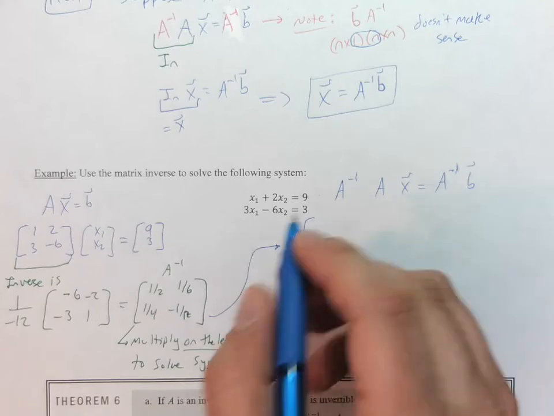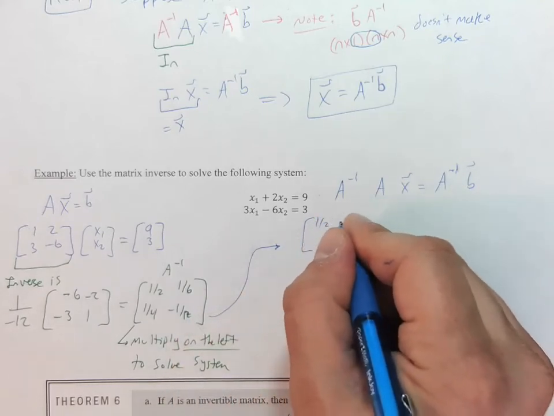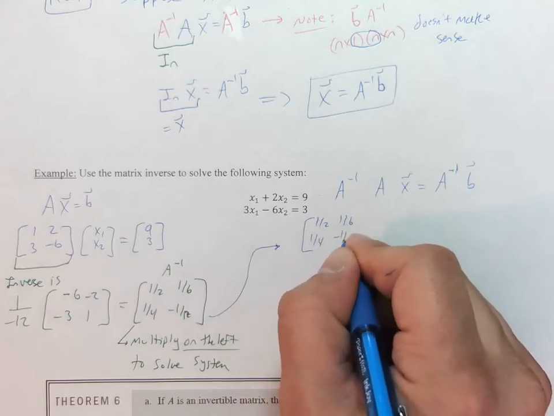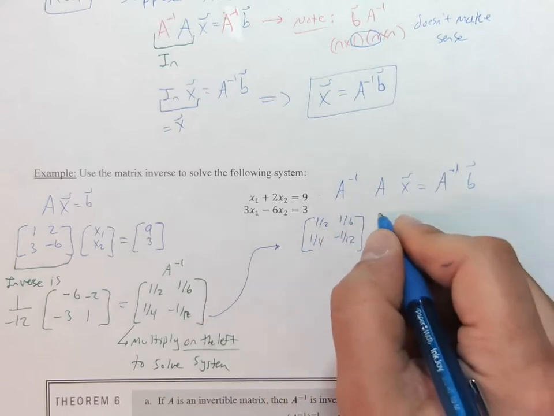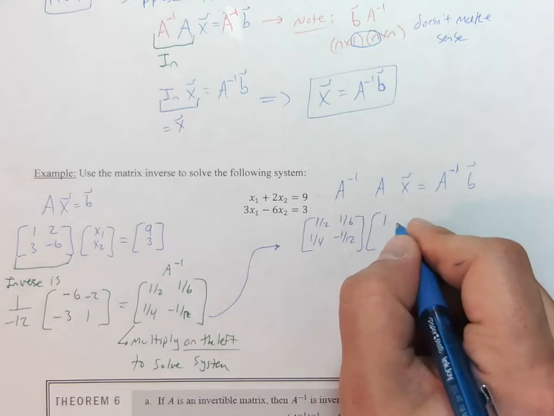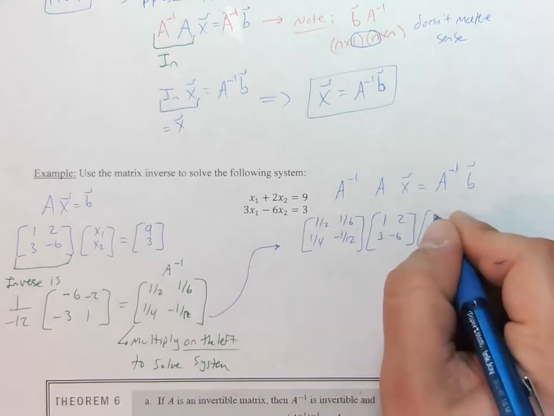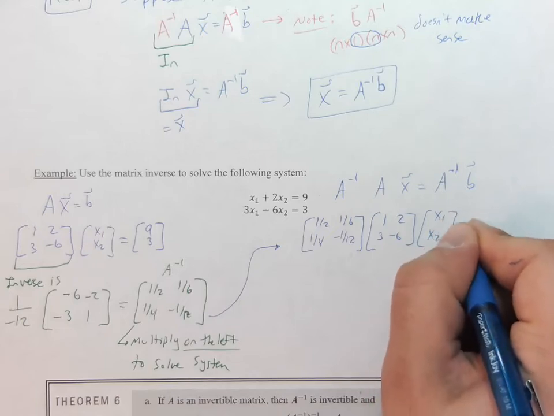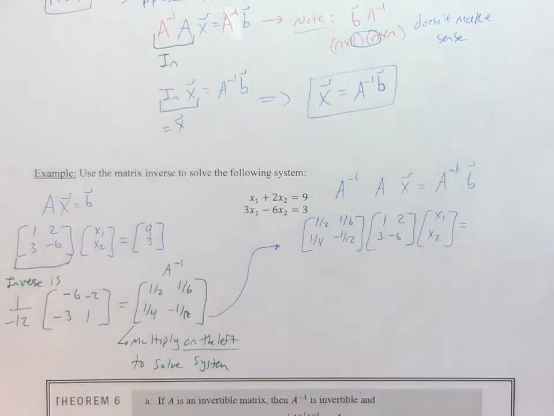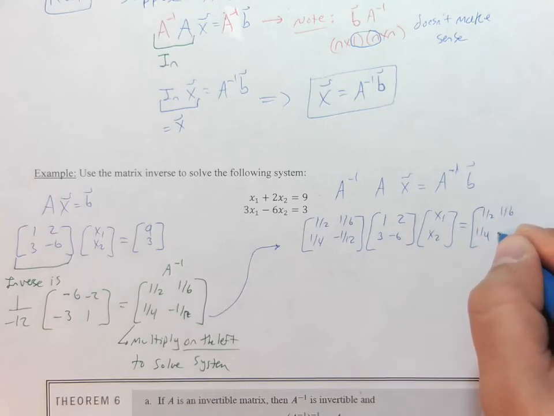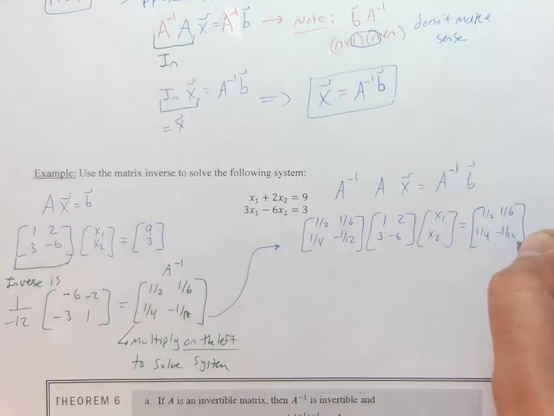And so A inverse is what we just found: 1/2, 1/6, 1/4, minus 1/12. A is the original matrix we started with, 1, 2, 3, minus 6. X is just x1, x2. And then on the right-hand side we have A inverse, 1/2, 1/6, 1/4, minus 1/12, and then B, 9, 3.